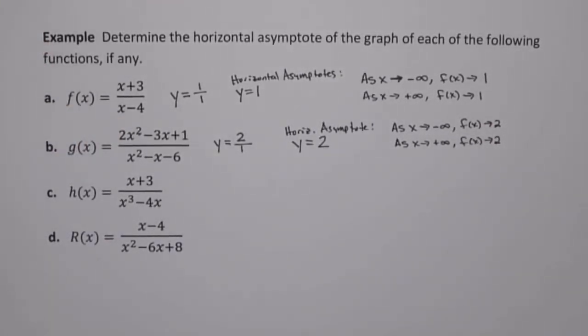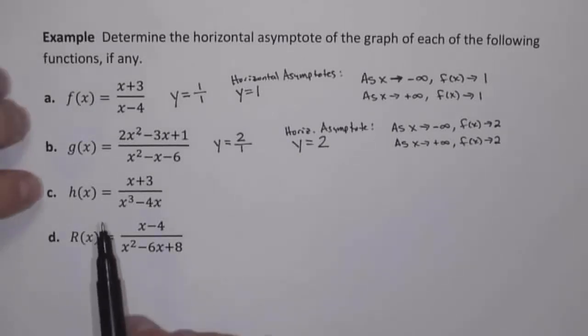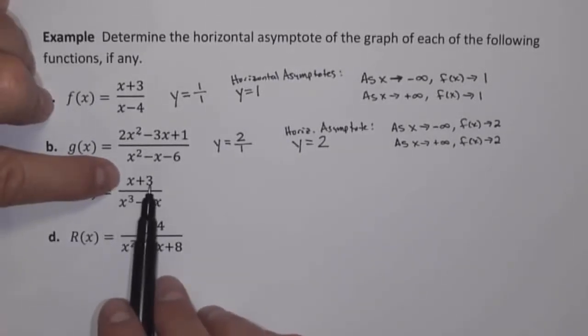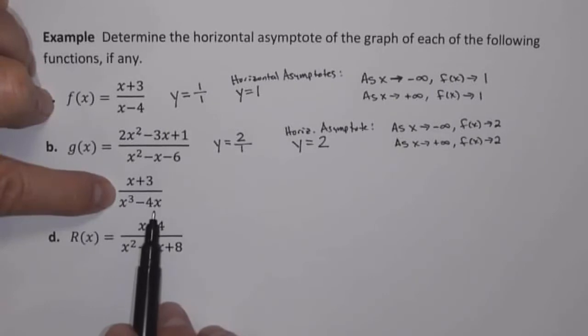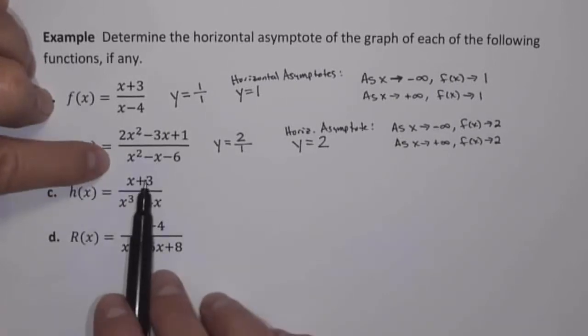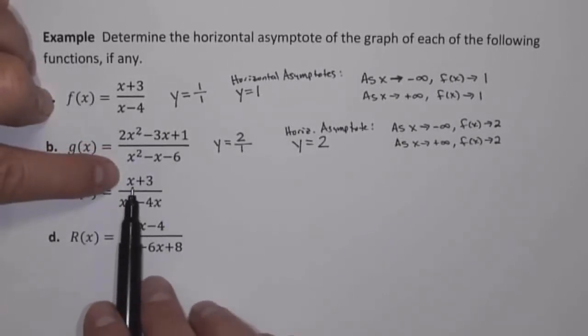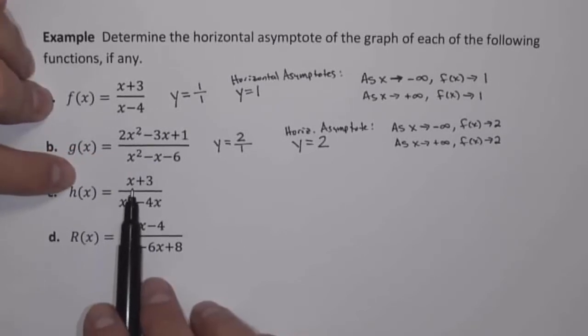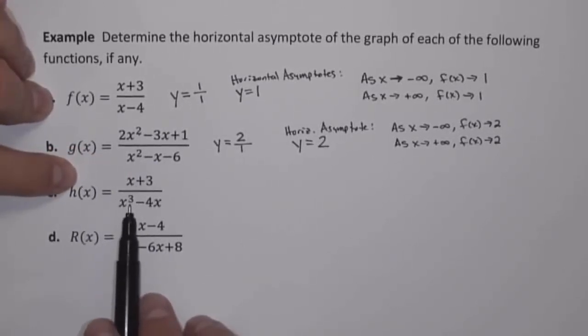Take a look at part C. So here we have h of x equals x plus 3 over x cubed minus 4x, and that's our rational function. So looking at the degree, the numerator is 1. The degree of the denominator is 3. So in this case, the numerator and denominator do not have the same degree.